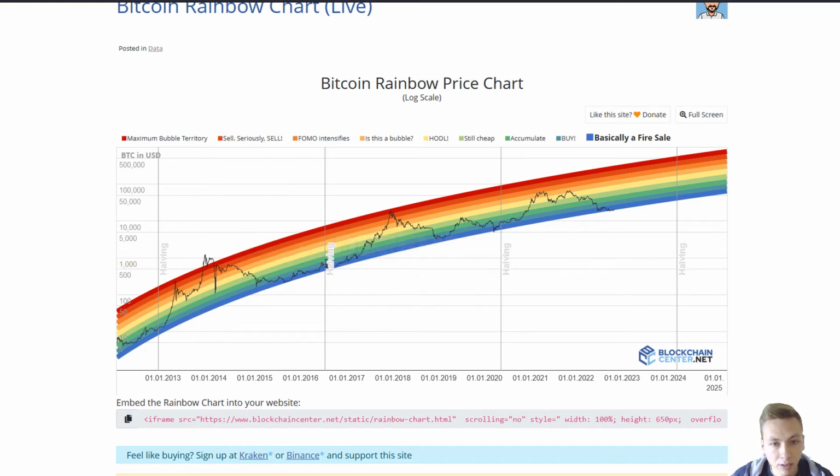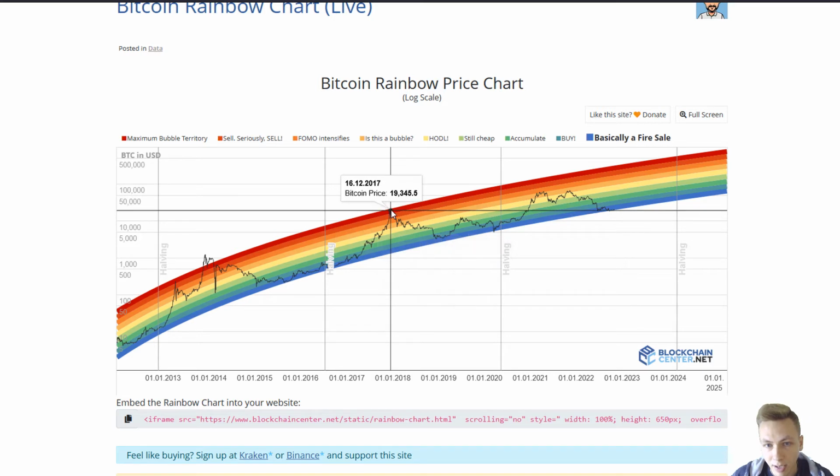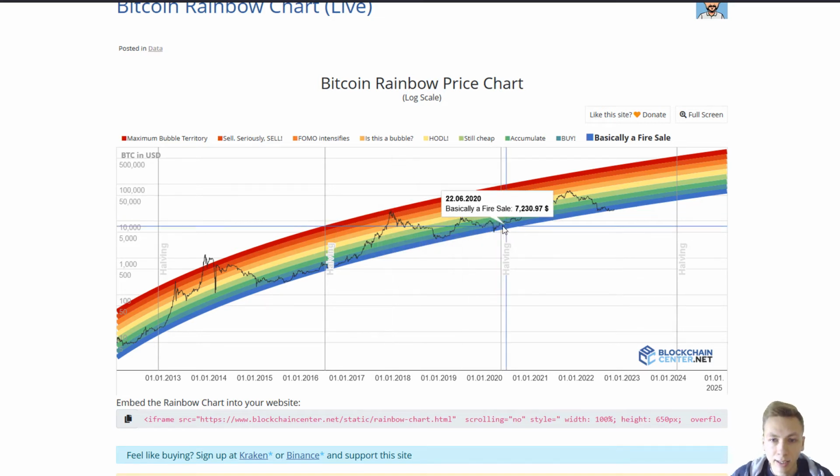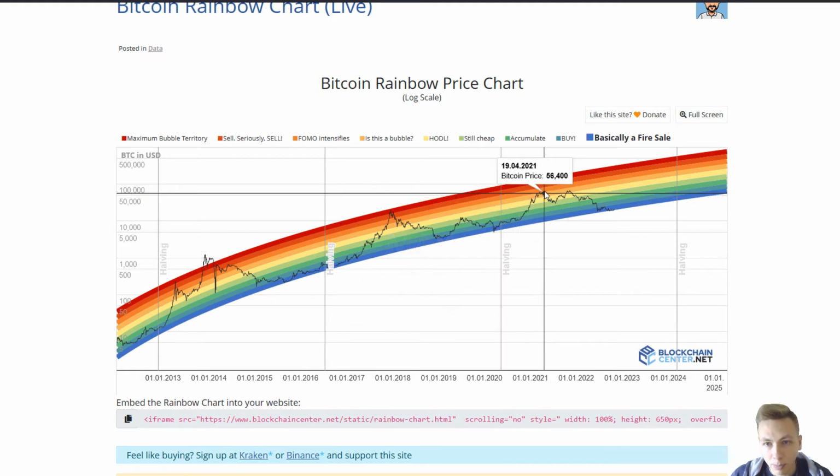And then we had another halving, in July 2016, and the next bull market top was in December 2017, so about a year and a half, maybe a little bit less. Then we had another halving, which is the current last halving, in May 2020, with our double top.